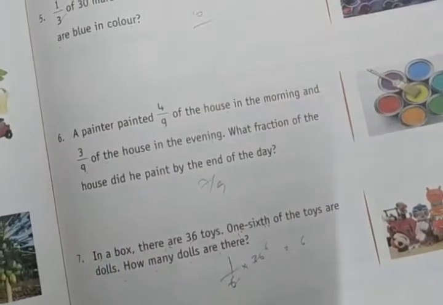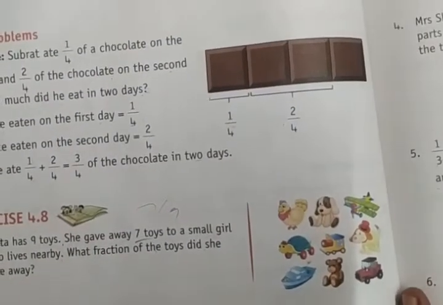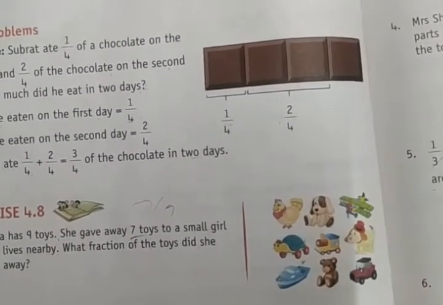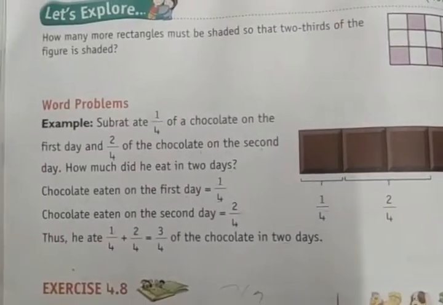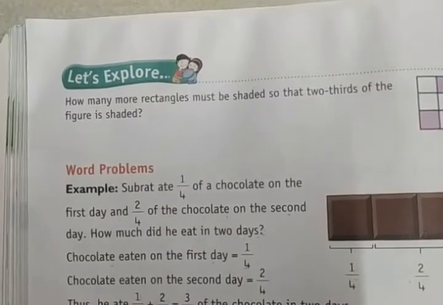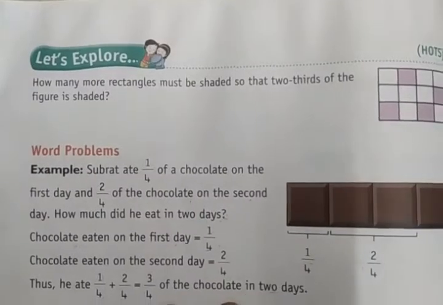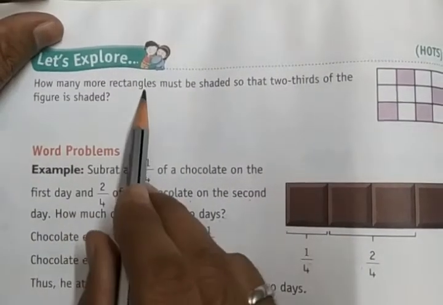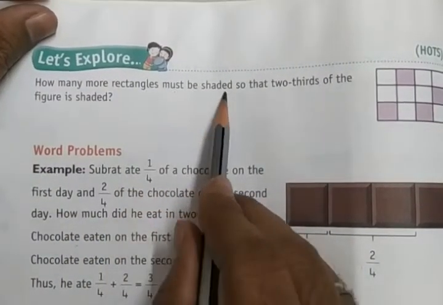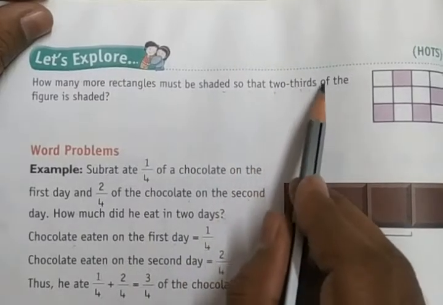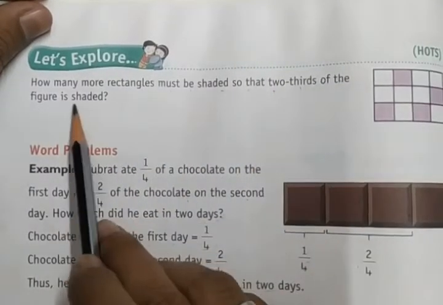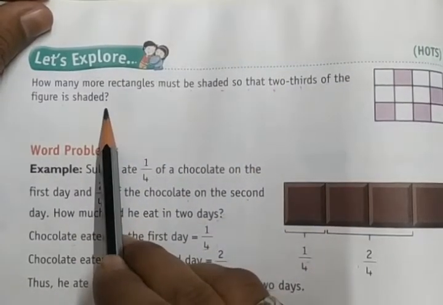Okay. So based on this, we may find some examples and some word problems. As I told you, you have to understand fractions, so then only we can solve the word problems.